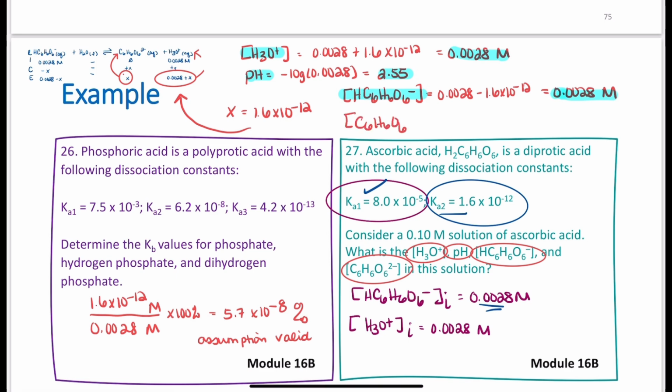And C6H6O6 2 minus concentration is equal to 1.6 times 10 to the negative 12. So I've answered all of it. I figured out all of them.